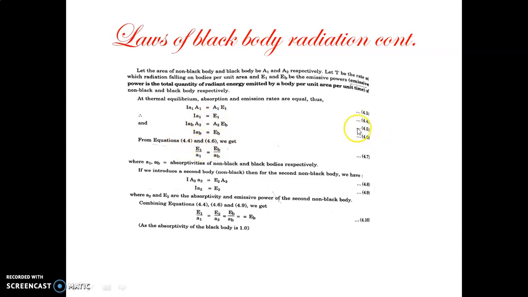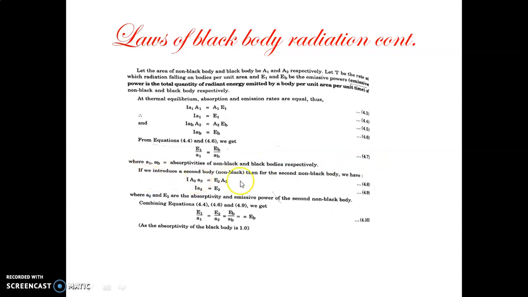From this equation, which is called 4.4, and this equation, which is called 4.6, we can write E1 upon A1 is equal to EB upon AB. So this side becomes equal to that side. Therefore, we can write capital E1 by A1 is equal to EB by AB.